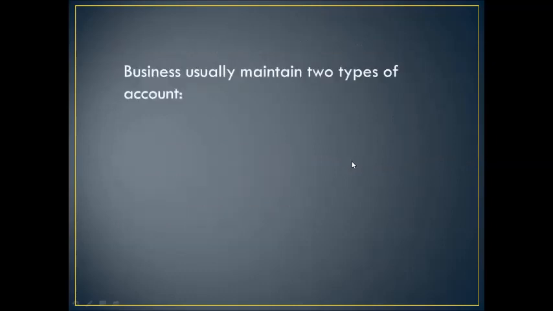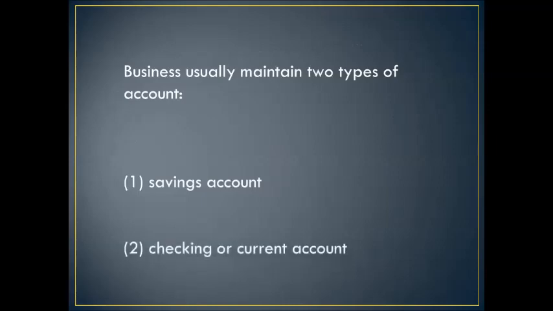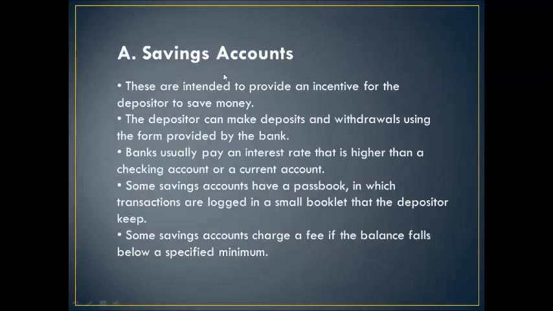Now, there are two types of account that the business usually maintains. This will be the savings account and the checking or the current account. So let's differentiate the two. Let's go first with the savings account. For savings account, these are intended to provide an incentive for the depositor to save money.